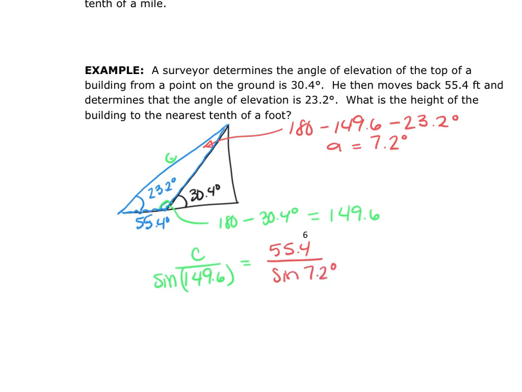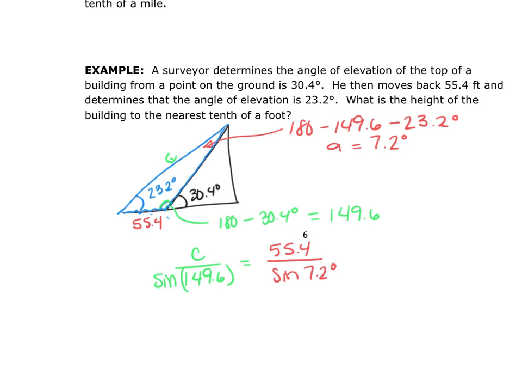Let me draw this in red so you can be very clear where I'm getting this number from. We are working on the blue triangle. So let me erase that. There we go. I'll put this in red so you can see that relationship, 55.4. So once I have found that, I can find what my C is.